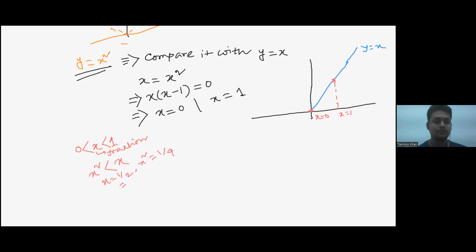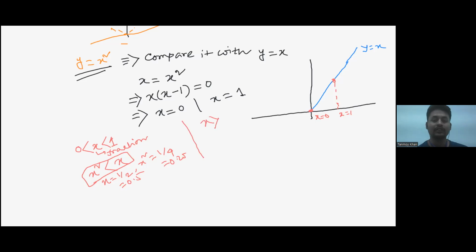This one, because this is 0.5 and this is 0.25. For any fraction, the square value is lesser than x. In this region, because this function is y equal to x squared, it will be a lesser value than y equal to x. And let's just check the other part.